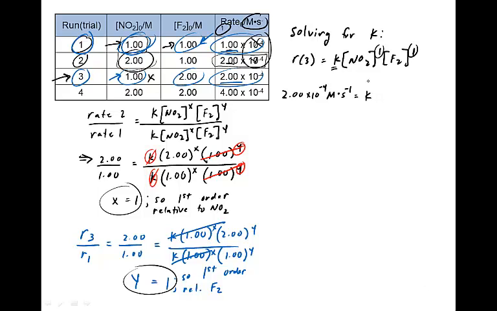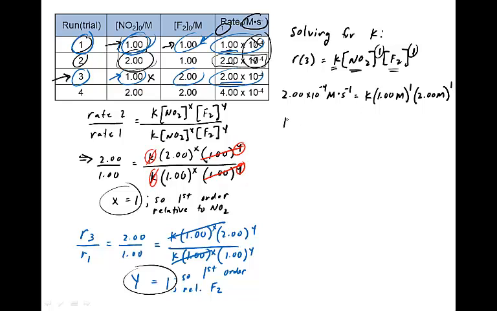So using trial 3 and the values for NO2 and F2 for trial 3, NO2 is 1.00. Keep the molarity there, times concentration of F2, 2.00 molar to the first power.